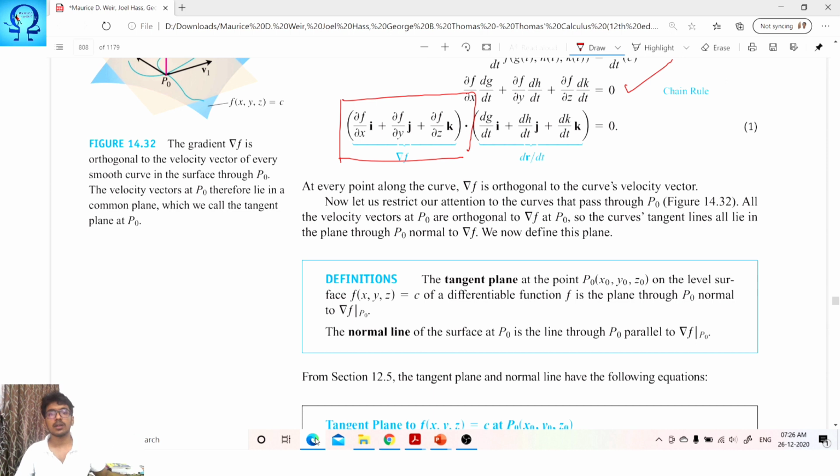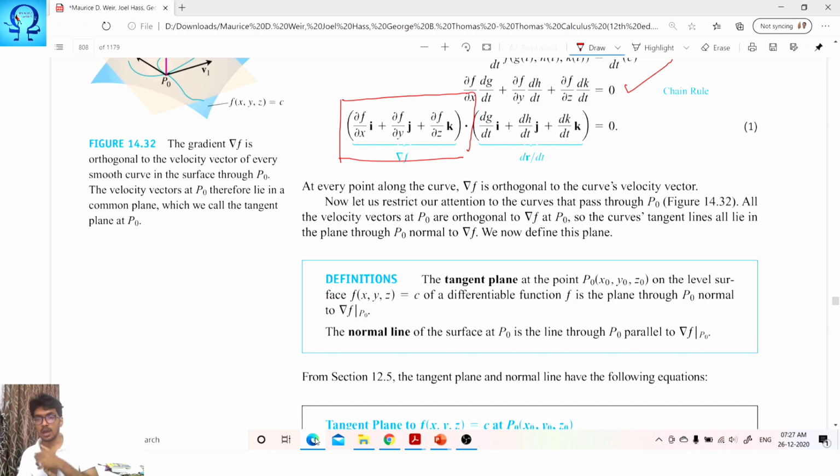Whenever the dot product of two vectors is 0, we say these two are orthogonal to each other. In a two-dimensional setup, this orthogonality is spoken of in terms of perpendicularity, but in the general sense, we say they are orthogonal.